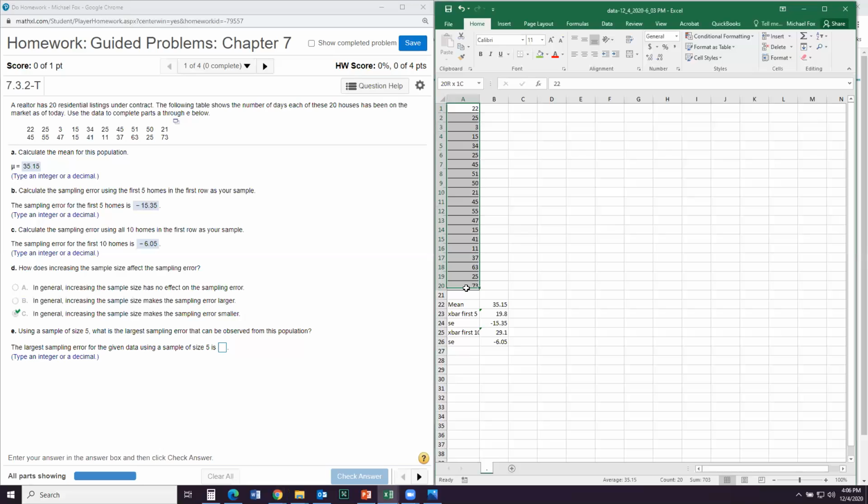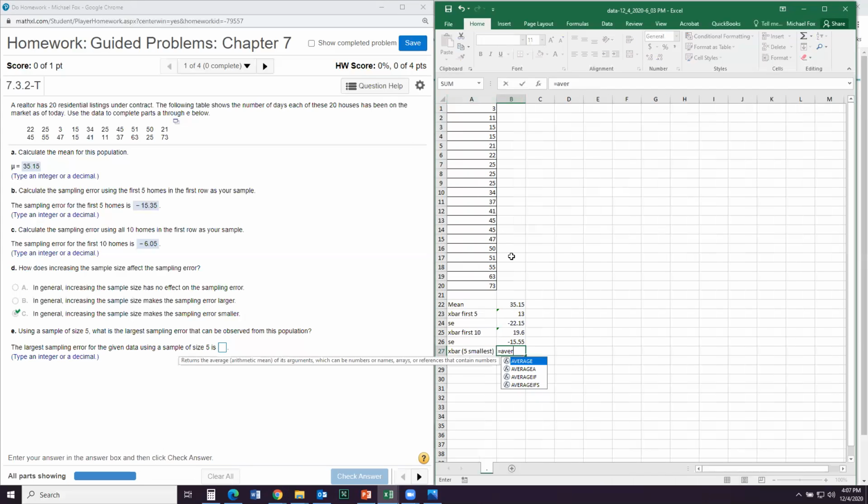The only way to figure that out is I'm going to sort these from smallest to largest. And then I'm going to find the X bar for the 5 smallest. Equals average. Highlight the 5 smallest.